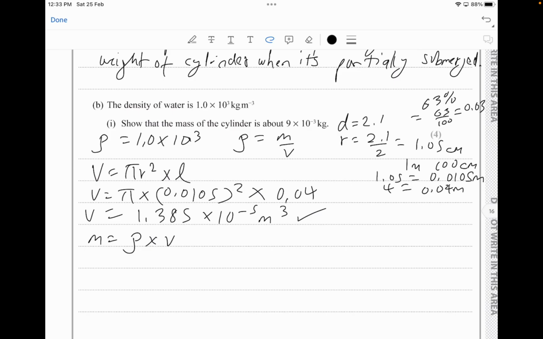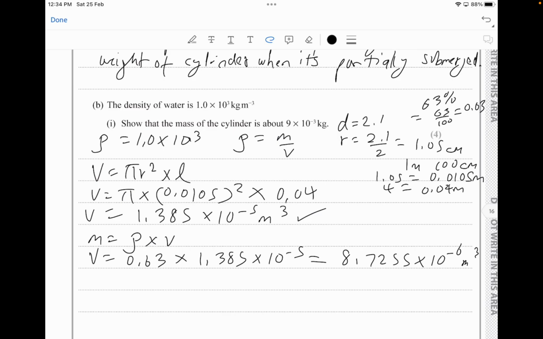So we're going to have the volume submerged as 0.63 times the volume of the cylinder, 1.385 times 10 raised to the power negative 5. Now we're going to do 0.63 times 1.385 times 10 raised to the power negative 5 in the calculator, and you're going to get 8.7255 times 10 raised to the power negative 6 meter cubed.